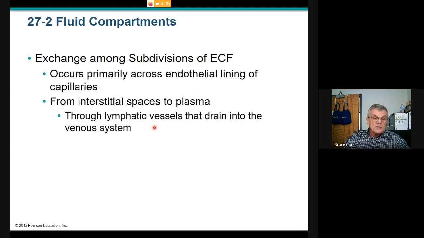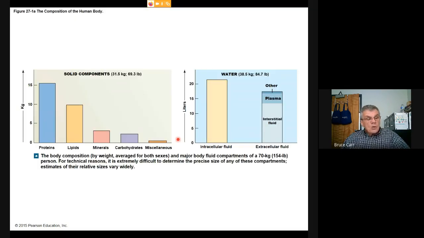The interstitial spaces rely on the plasma of the blood for their main transport. And of course, every time you have capillaries, you have the lymph system draining the excess water that is lost around those capillaries.